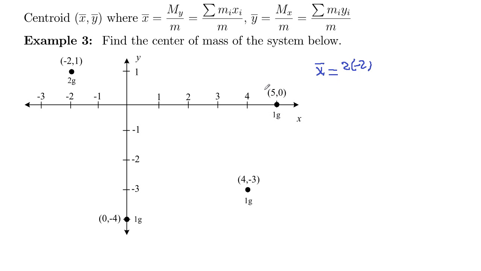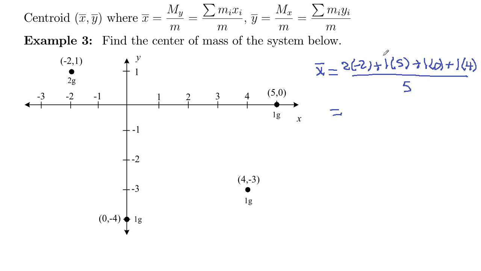And then a 1 gram times x-coordinate 5. And then a 1 gram times x-coordinate 0. And then a 1 gram times x-coordinate 4. And then we are going to divide by the total mass, 2, 3, 4, 5.